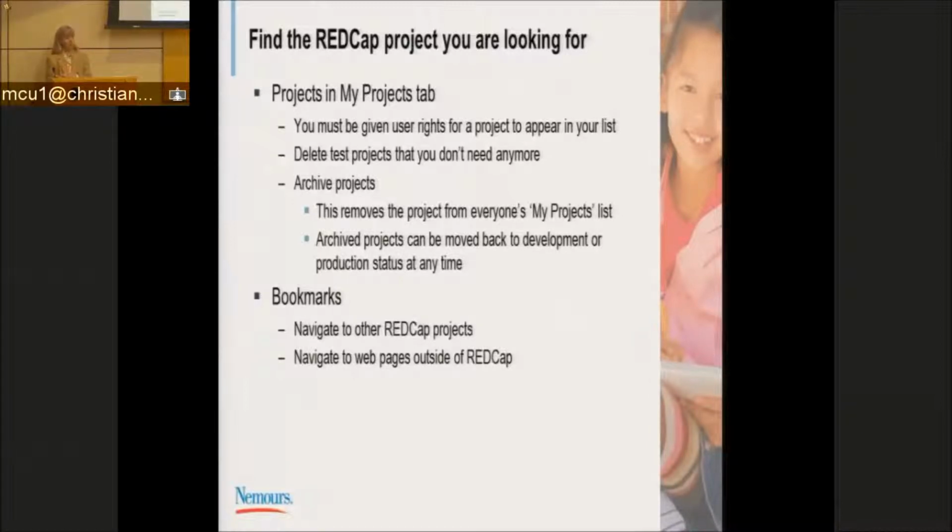You can bring them back out of the archive, back to development status or production status, whatever status they had when they were put into archive. So that's a safe way to make your list shorter if you don't want to delete projects, but you want to be able to find what you work on regularly more easily.